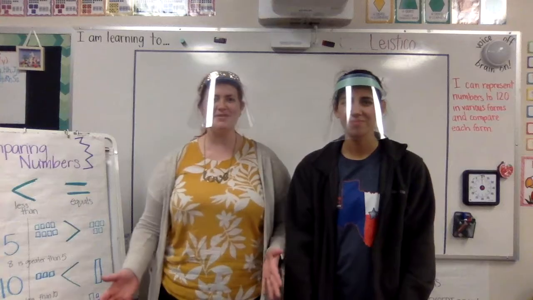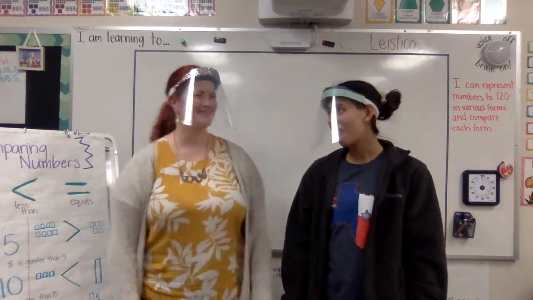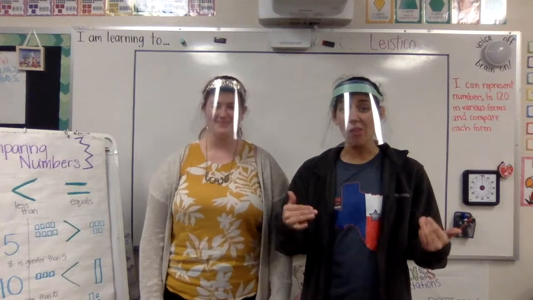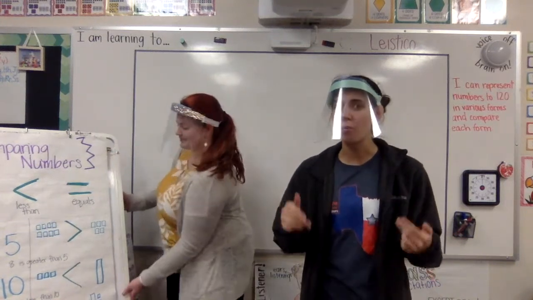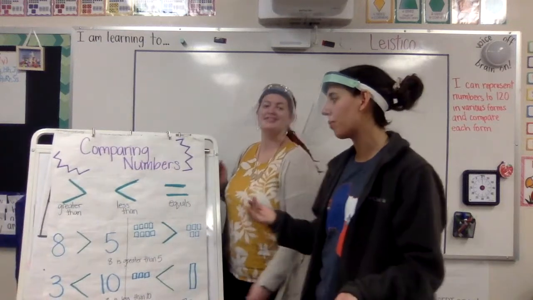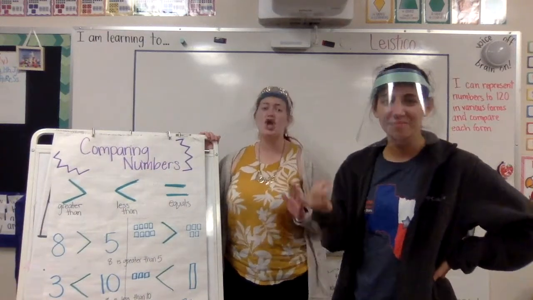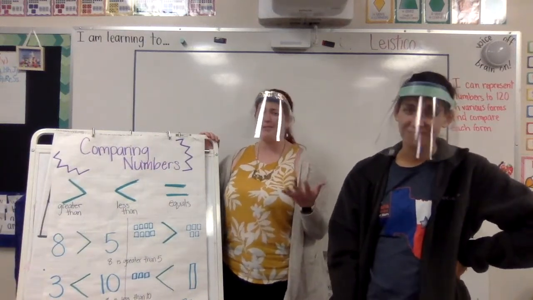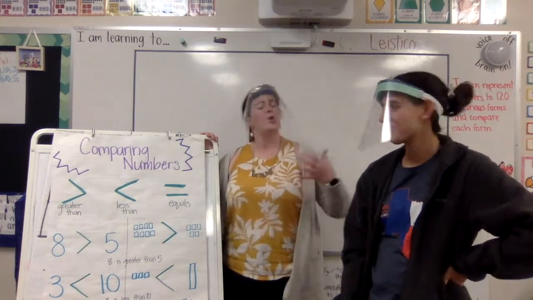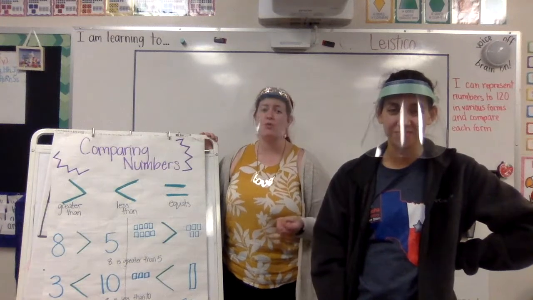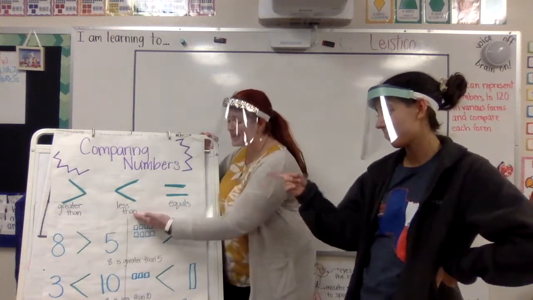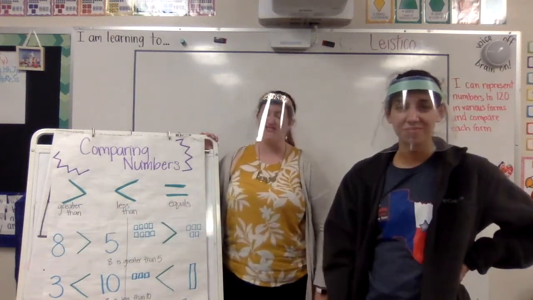Hey! That was such a fun video. It was. It helps me remember all of the different symbols that we learned about and the language, or the words, that we use in order to compare our numbers. That's right. It's totally okay to practice remembering like a shark eating the bigger side or an alligator eating the bigger side, but we really, really want you to know the words greater than, less than, or equals to in first grade.